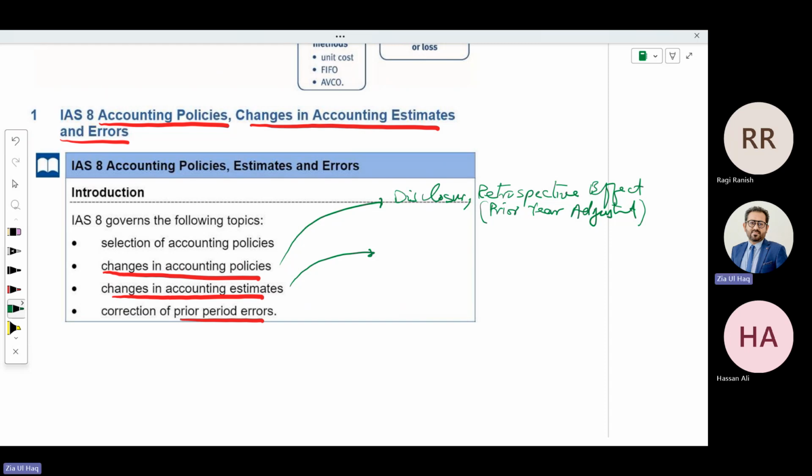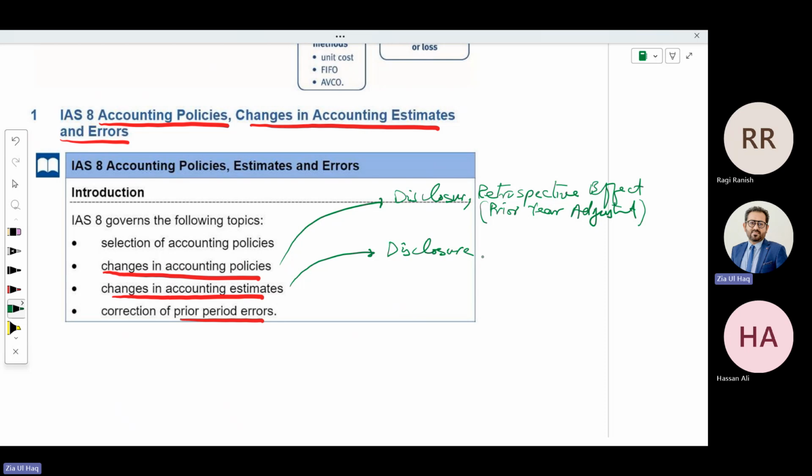If the company is going to change the useful life, residual value, depreciation rate, or depreciation method of the assets, you need to provide only a disclosure in the financial statements. No prior year adjustment is required in case of accounting estimate change. Can you understand this?